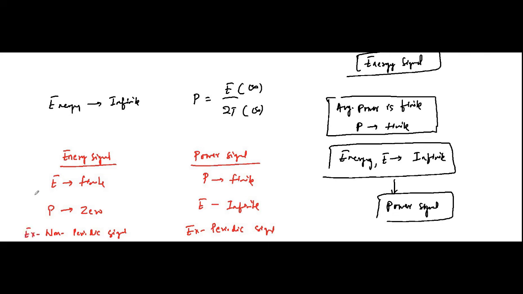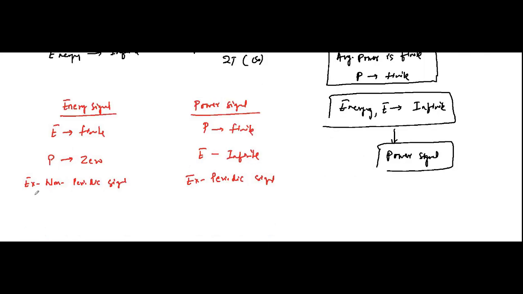Another interesting property of energy and power signals is that they are mutually exclusive. That is, there is no such signal in existence which is both an energy as well as a power signal. It is not possible. A signal is either an energy signal or a power signal.